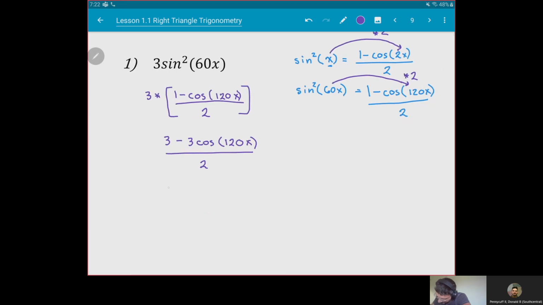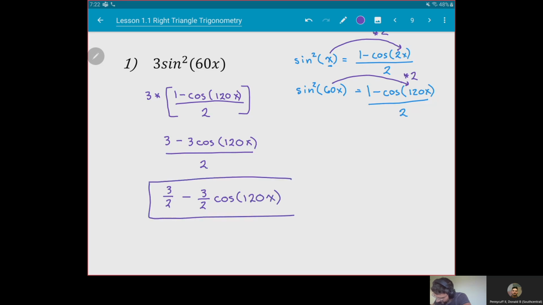And then I can split that in half, and that'll be 3 halves minus 3 halves cosine 120x. And here it is, completely simplified down. And even though it looks bigger than what we started with, that is actually a bazillion times easier to work with than something trig related raised to a power. So that's the key. That's what we're trying to deal with.